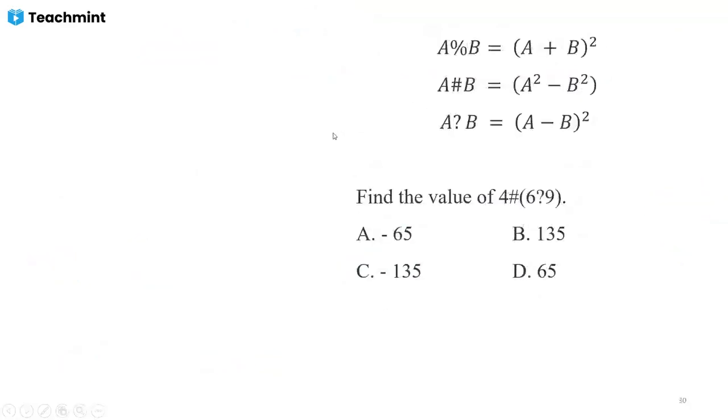This is also one such question. They define some function, A hash B, some symbol with a defined meaning. You just need to substitute and go ahead with that. First, you need to calculate 6 question mark 9, as per this, 6 minus 9 whole square, which is 9.